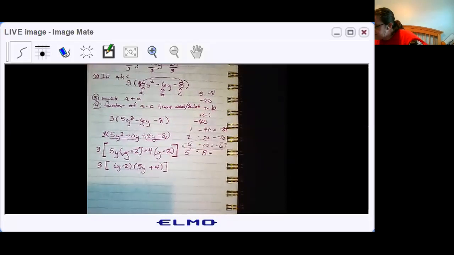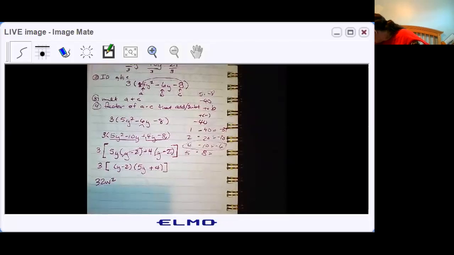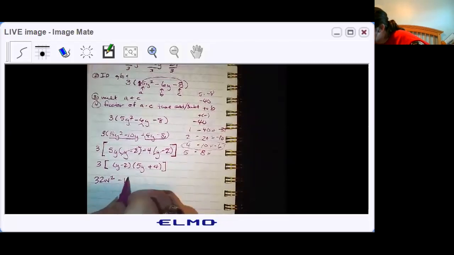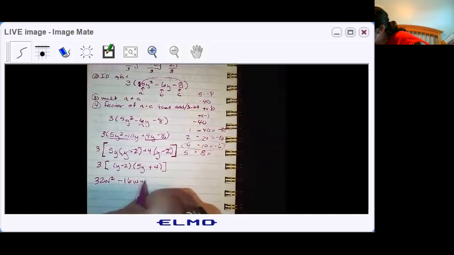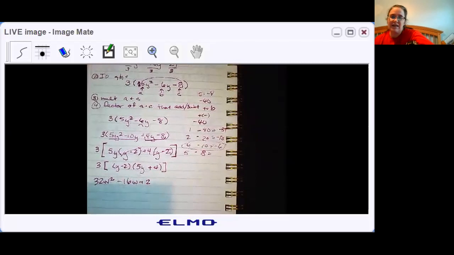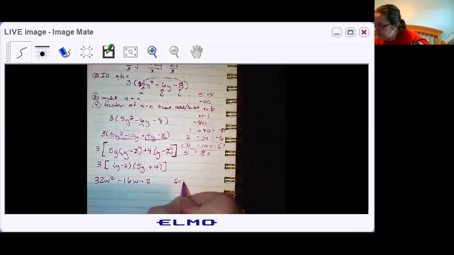So I've got 32w squared minus 16w plus 2. All right. Does it have a GCF? Well, each of these numbers is even. So it has a GCF, we know, of at least 2.